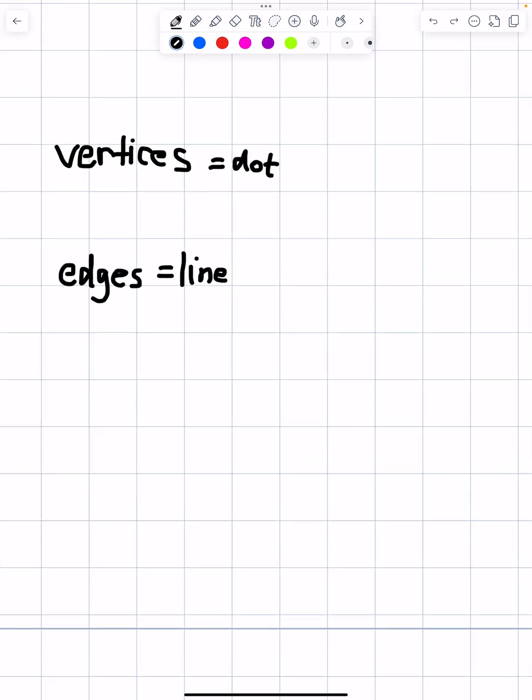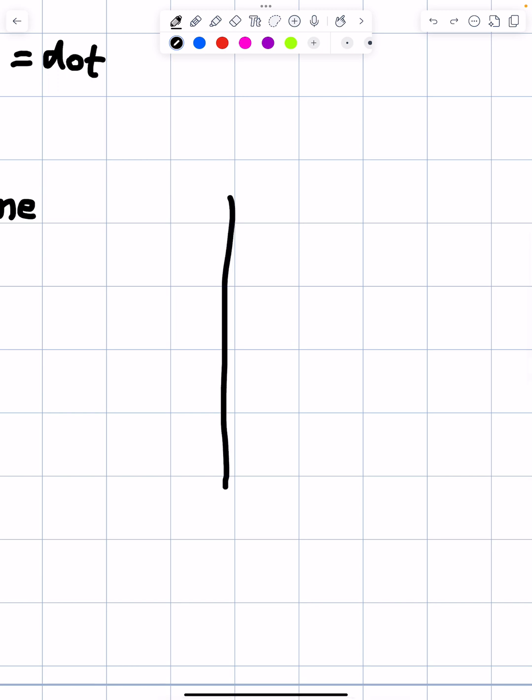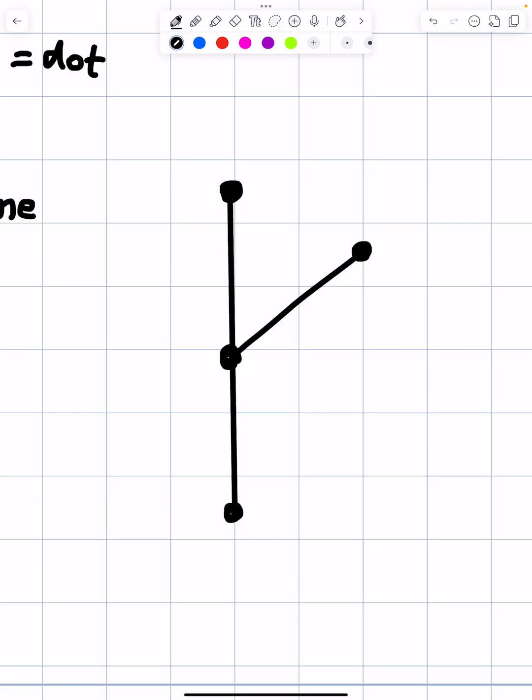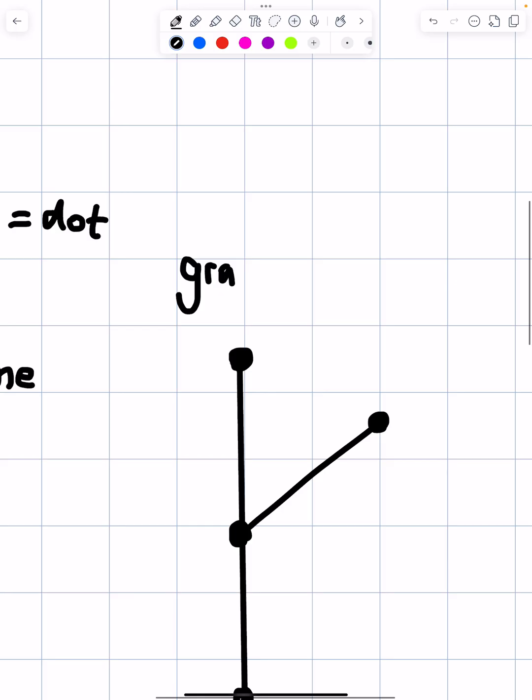Now, here is a graph. It could look something like this. This is what we call a graph in graph theory.